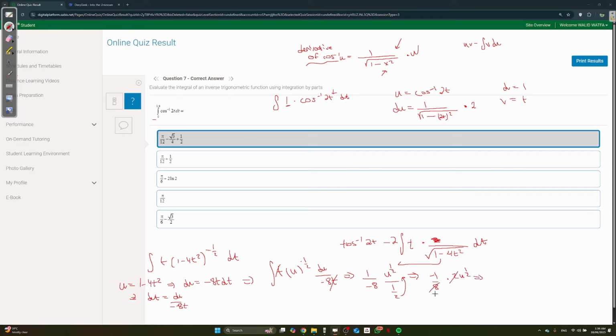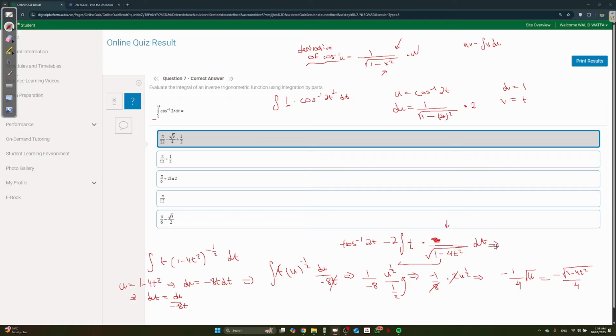We cancel this 2, so it's going to be negative 1 over 4 times radical u, because to the power 1 over 2 means radical. What do we say u is? 1 minus 4t squared. So it's negative radical 1 minus 4t squared over 4. So this is this integral here.